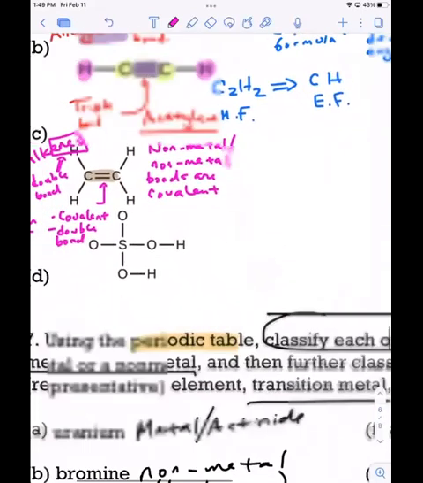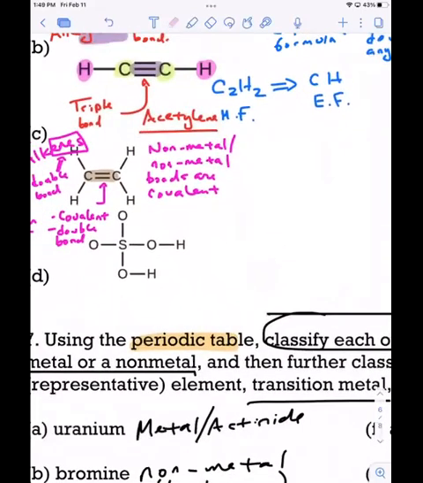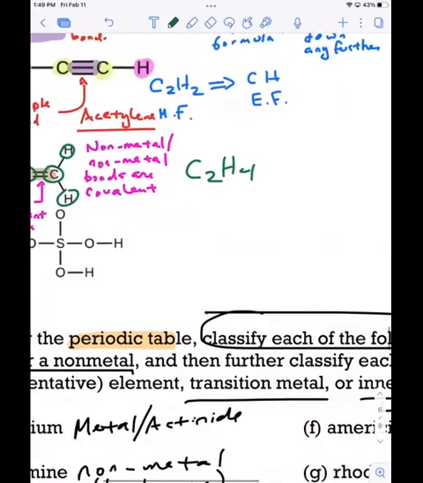So how many carbons do we have? Two. How many hydrogens? Four. Good. One here is covered up here, here, and here. So C2H4. That's the molecular formula for that compound.